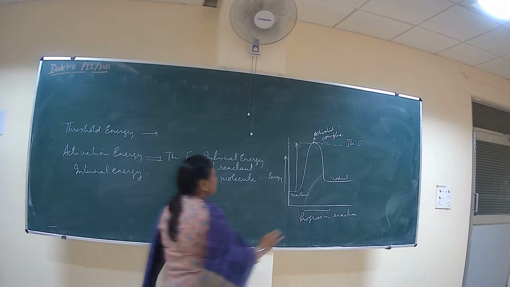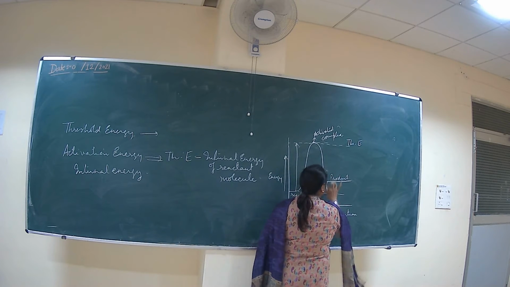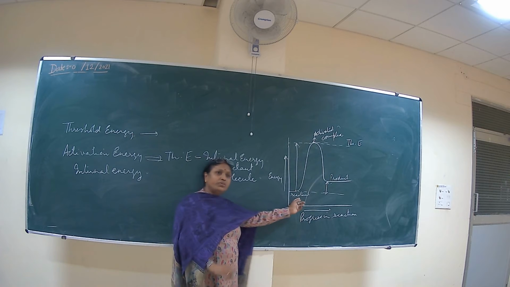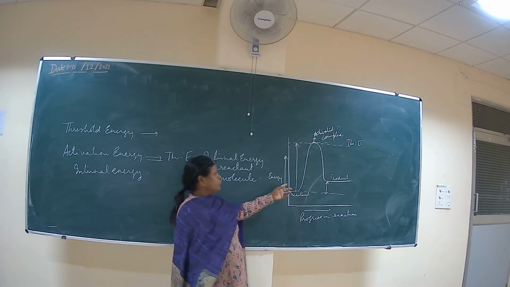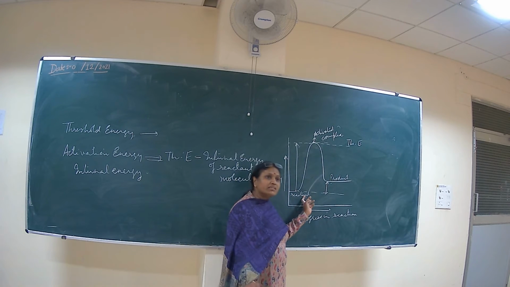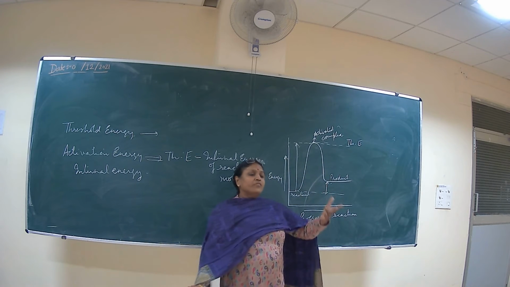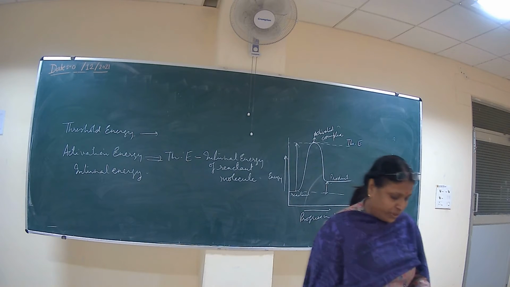So ये जो हमारा graph है, this graph is for the exothermic reaction where the reactant molecule has the less amount of energy and the product molecule is formed for the formation of the reaction. Okay.